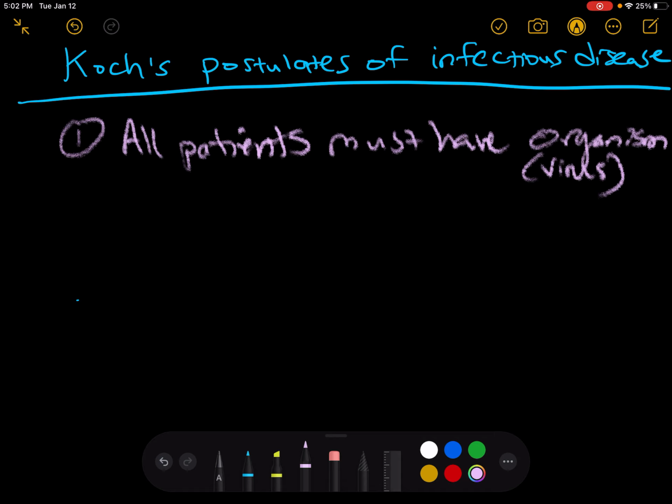And this makes sense because if it is being caused by some organism, then you can't have this illness without that organism. Next, we have that the agent or the organism has to be isolated from the patient. And so this is in part just proving that it is some organism.